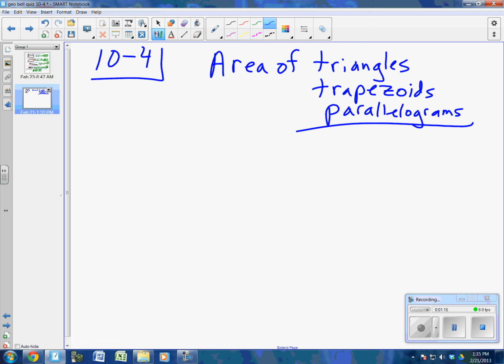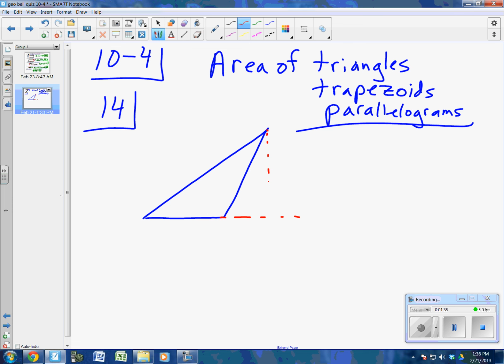Number 14, did you say? All right. 14 is a triangle that looks kind of like that, right? And we extend this side out right here to drop down the altitude, which is going to be our height, which they tell us is 15 1/3 centimeters.